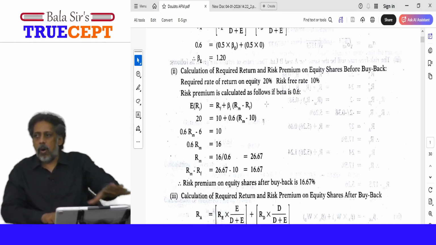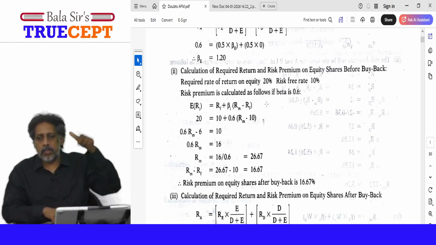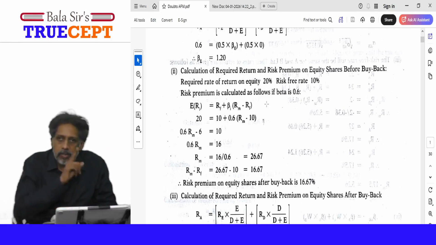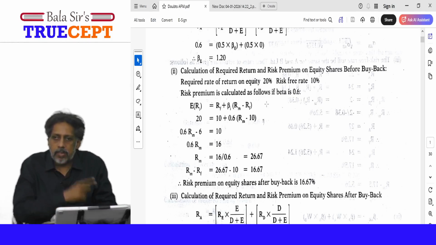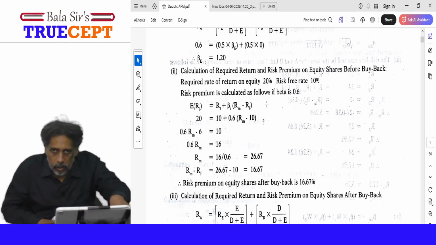Now when I solve this step by step, I get RM as 26.67. But I want the market risk premium, MRP, which is RM minus RF. So 26.67 minus 10, it is 16.67% is your market risk premium. Is that clear? Now with that we complete the second part of the question.